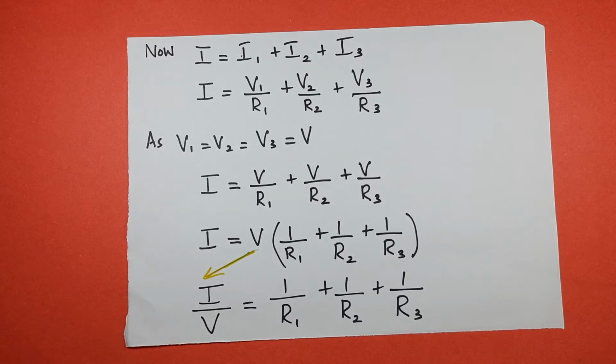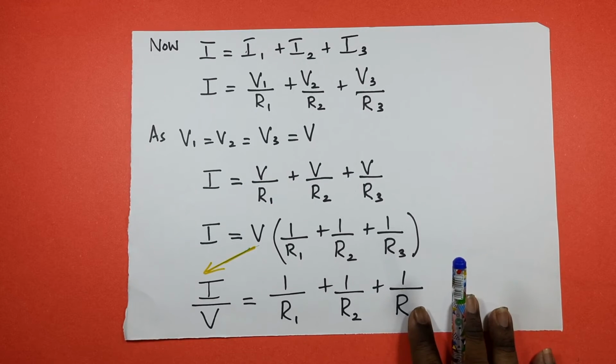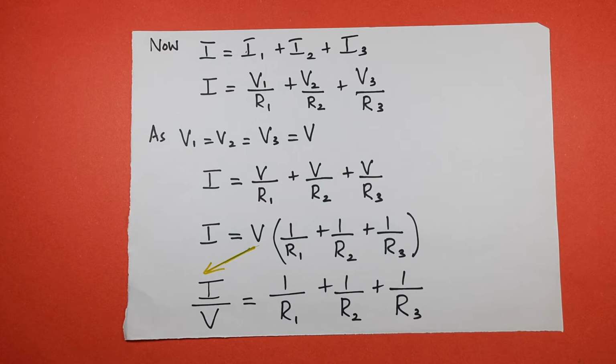Now this I by V is the reverse of V by I, which we have already seen. V by I is nothing but equivalent resistance.